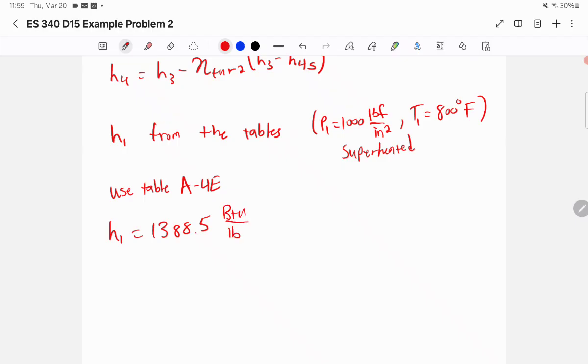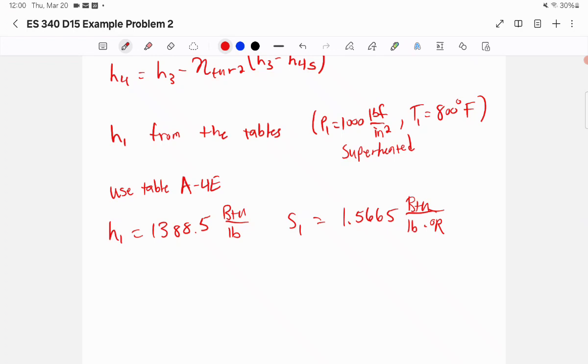And since we're talking about isentropic, that should clue you in that we're probably going to need the entropy as well, and that's easy enough to also read right off the table, in BTU per pound times degree R, Rankine.